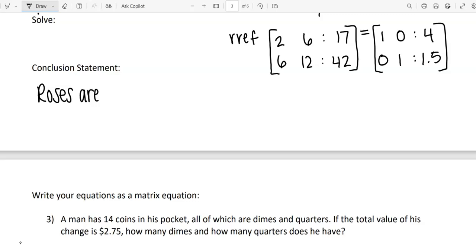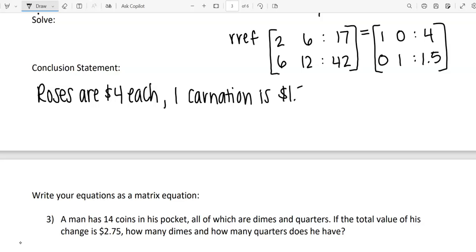Okay, 1 rose costs $4. I'm going to write roses are $4 each just because I started writing before you said anything. Sorry. And then tell me the second part of our statement. 1 carnation is $1.50. Awesome.